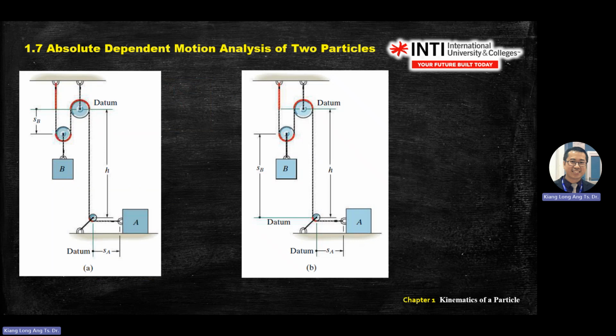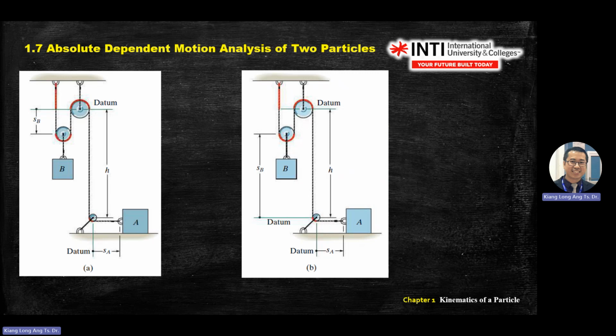I give you another example. You see left and right, what is the difference? What changes in the diagram? The datum is changing.